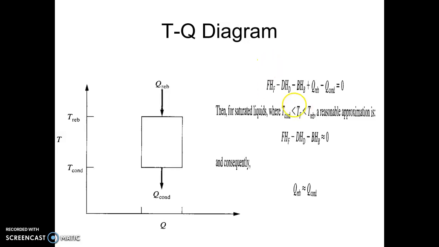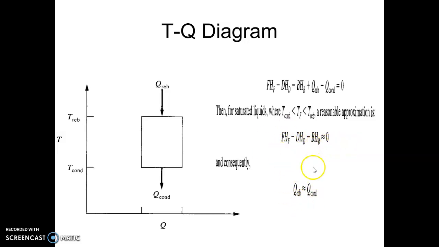Now if we say that these two are latent heat and these are sensible heat, we can say that for all practical purposes F H_F equals D H_D plus B H_B, which is, they are more or less the same. In other words, we can say that reboiler duty and condenser duty would be more or less the same, and a distillation column can be represented only by this because this is very high in amount compared to the sensible heat.